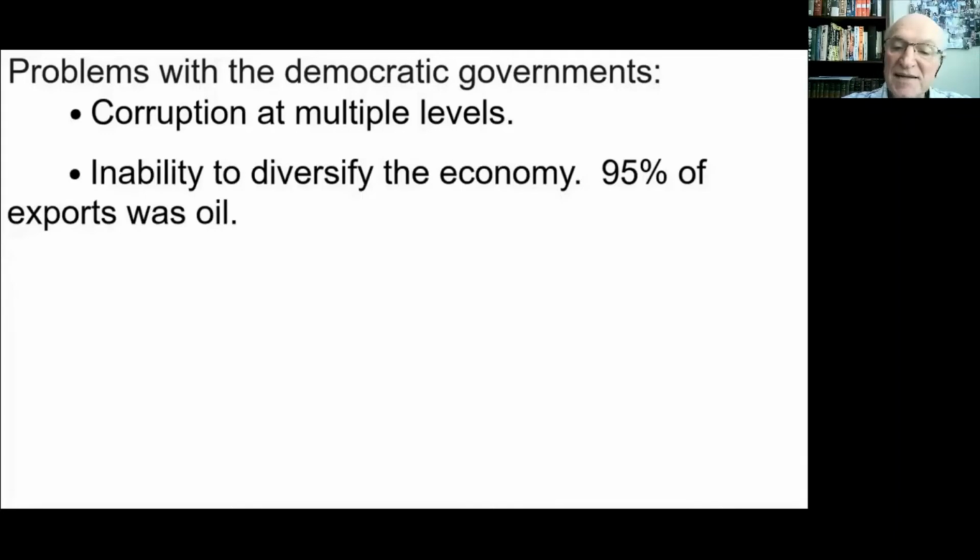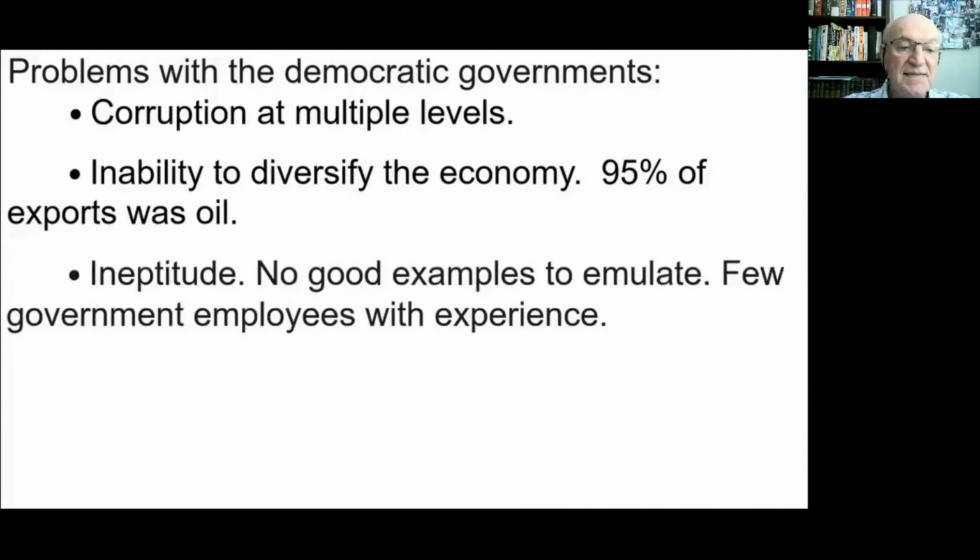And no matter what they did, no matter how they tried, they were unable to diversify the economy. And I have to say that there was an attitude. There were no good examples to emulate within the government employees.